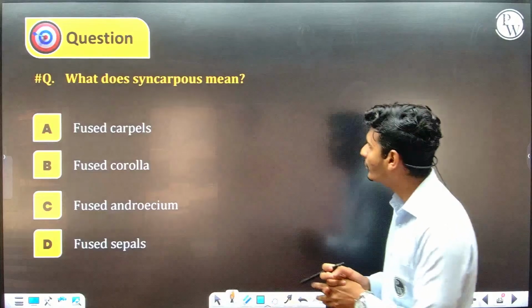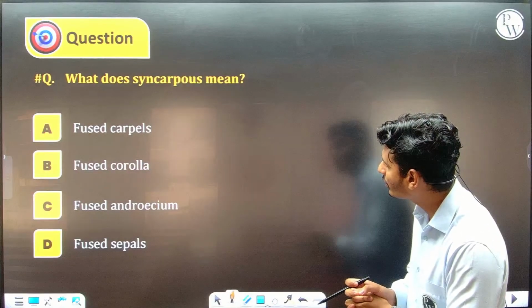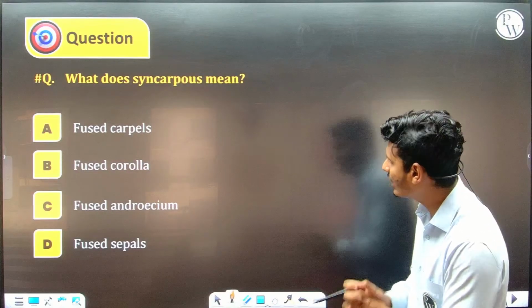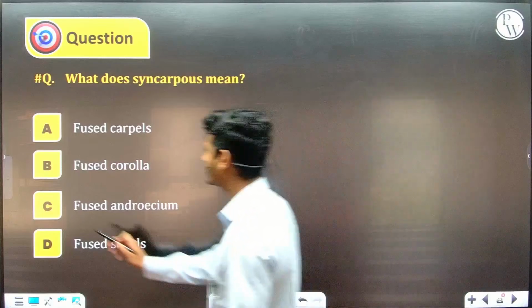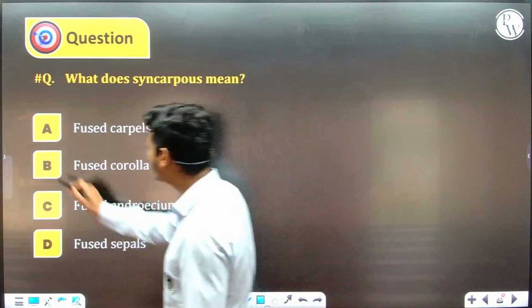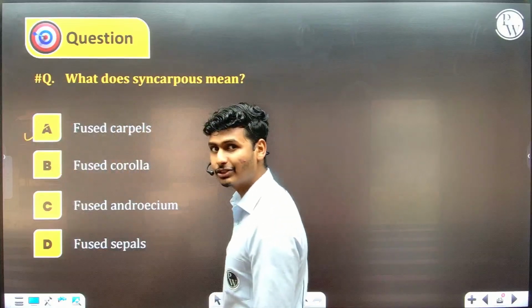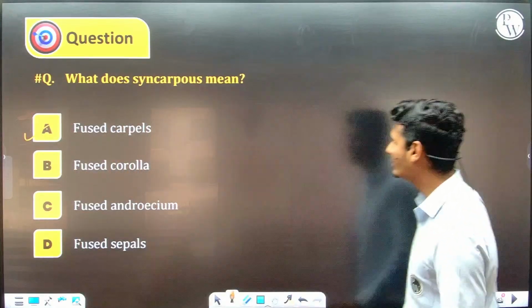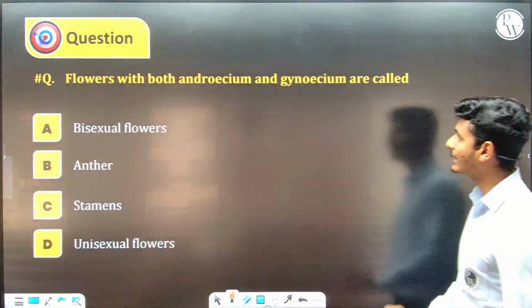So, fused carpel, fused corolla, fused androecium, or fused gynoecium. Definitely the answer is fused corolla? No. Fused carpel? Yes.